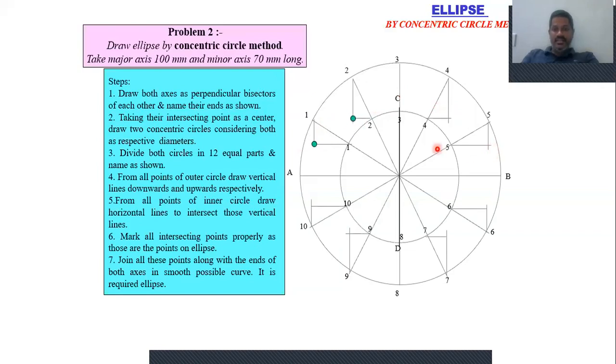First point, second, and third, we will get here 4, 5, 6, 7, and 8 itself here. That is at this point D, and that is at this point C and D will coincide. Then 9, 10, and finally, by joining all these points as a smooth curve, we will get one shape. That shape is an ellipse.